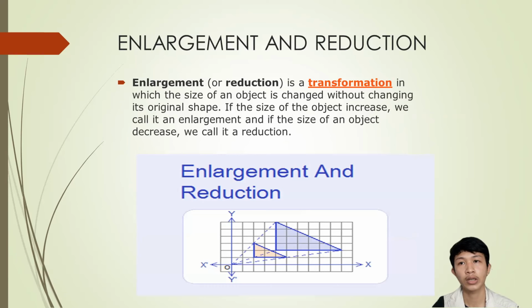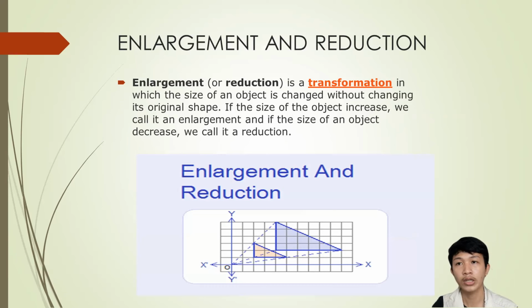Enlargement or reduction is a transformation in which the size of an object is changed without changing its original shape. So enlargement is from small to big, and the reduction is from a larger object to a smaller object.